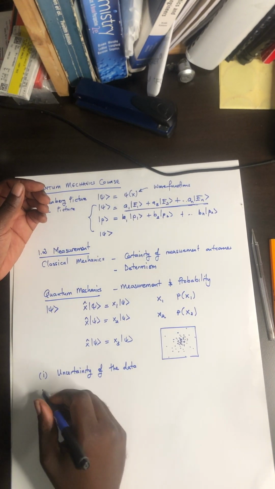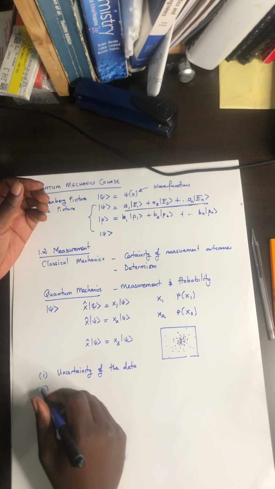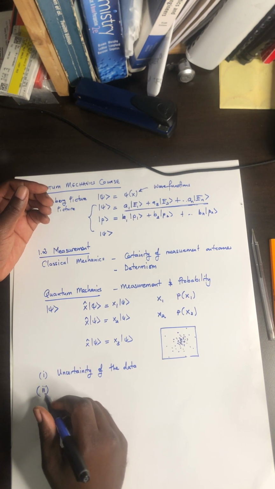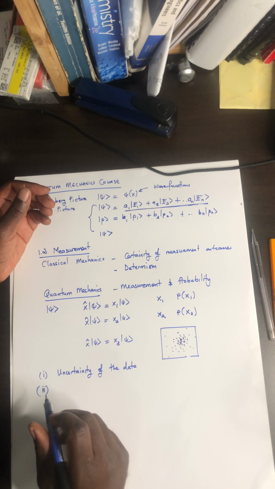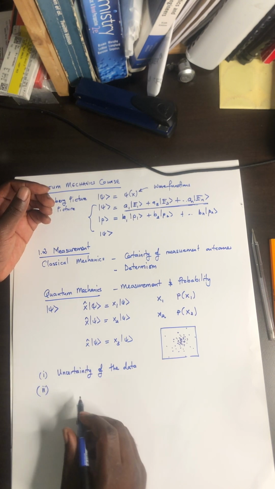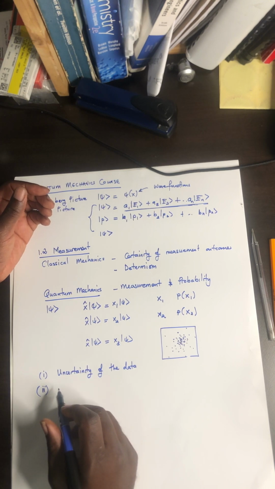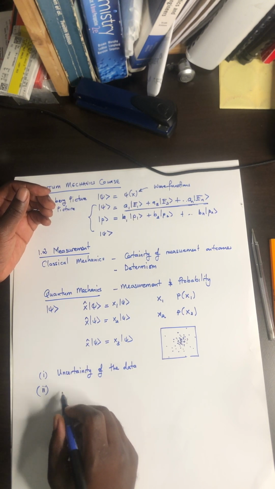But another important thing about how probability enters measurements is that whenever we make a measurement on a system, in quantum mechanics we usually talk about small mass systems or low mass systems.